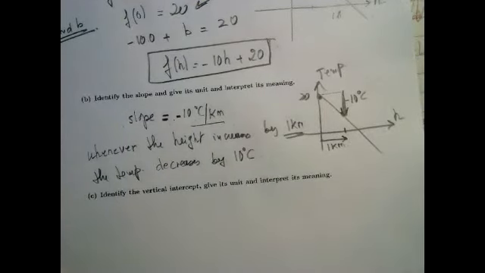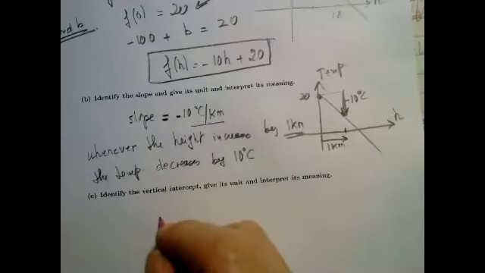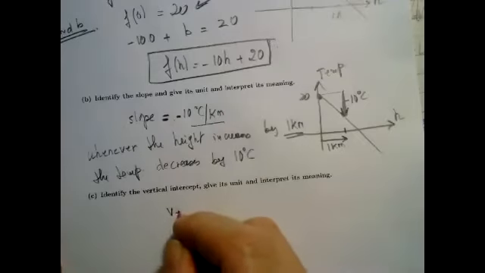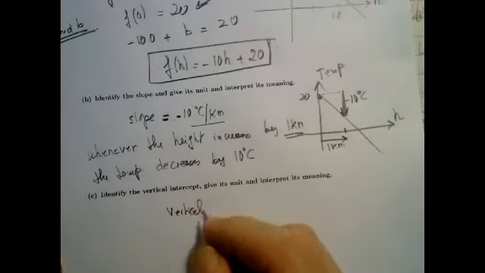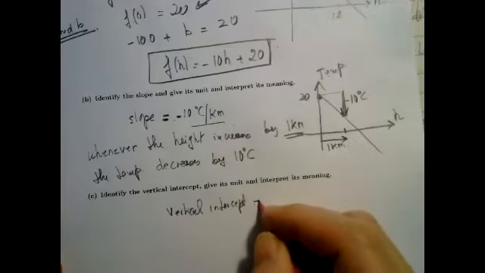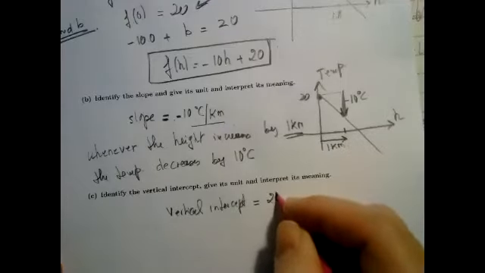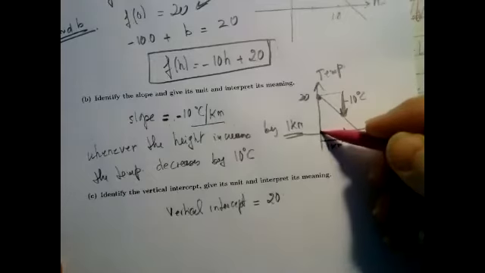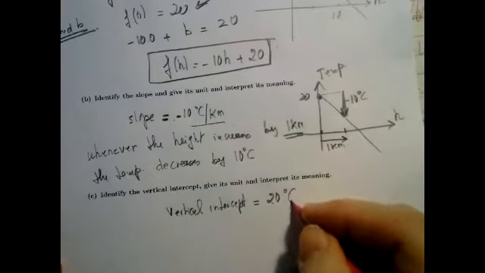Wouldn't the vertical intercept be 20? Right, because the vertical intercept is 20. Mm-hmm. Unit. Everyone, what does the 20 represent in this problem? Degrees Celsius. Yeah.